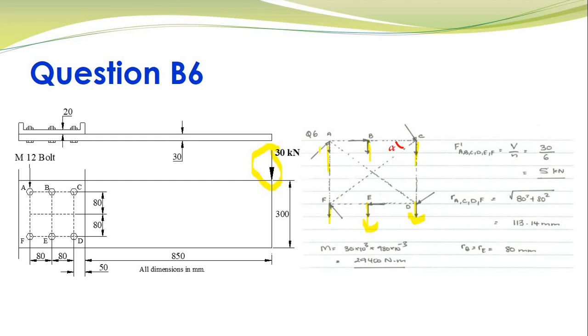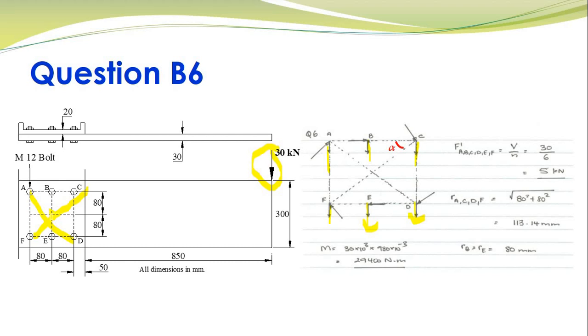Now the second thing is, how do I represent this secondary shear? Again, referring to your lecture notes and the tutorial video, the first thing is you have to identify your centroid. The centroid of this bolt pattern is located right at the center over here.